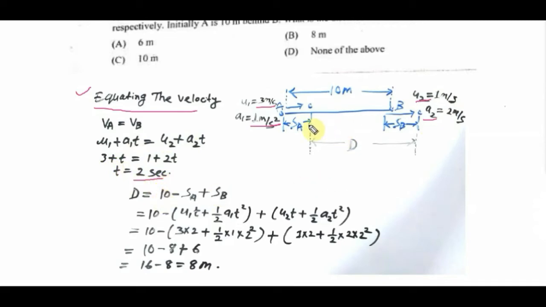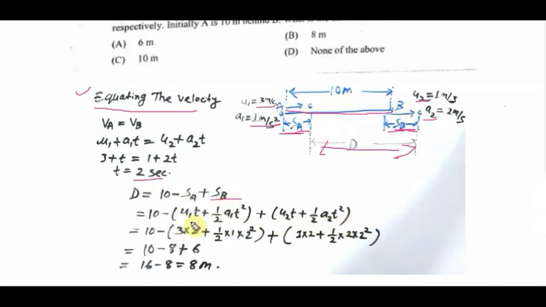So here the distance D will be, see this is total 10 meters, so 10 meter minus SA plus SB. So 10 minus SA plus SB. Using the distance formula, SA is U1t plus half A1t square, similarly SB is U2t plus half A2t square.